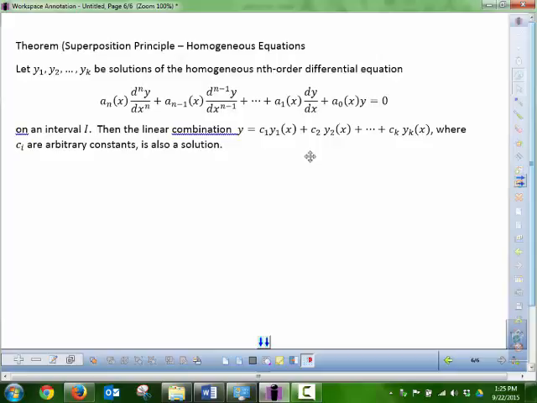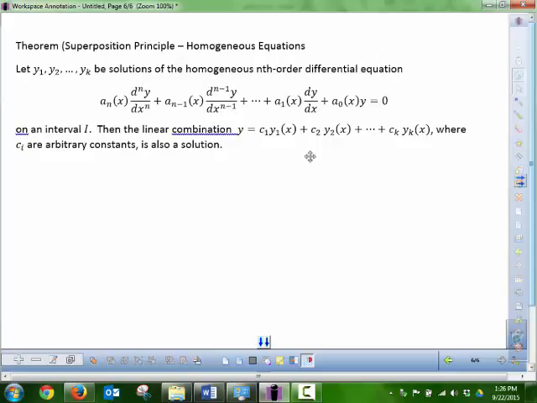That's really interesting. Because we know that if this is an IVP, we're going to get a unique solution, and so we want to make sure we gather all the possible solutions and put them all together as our general solution.